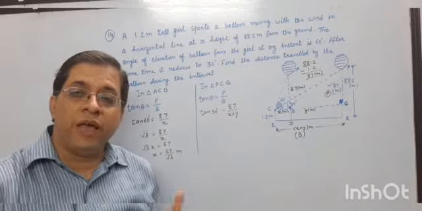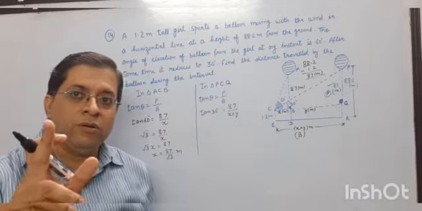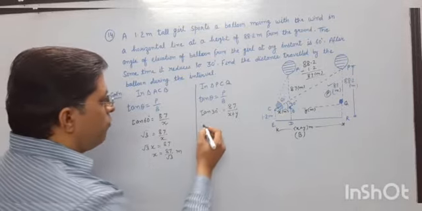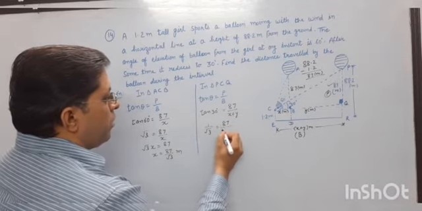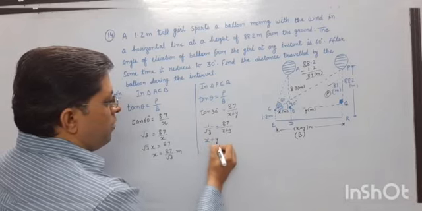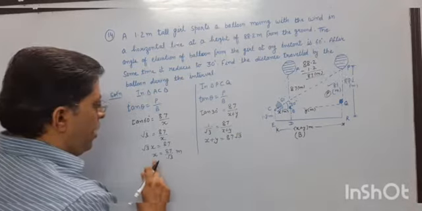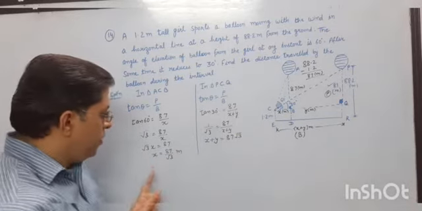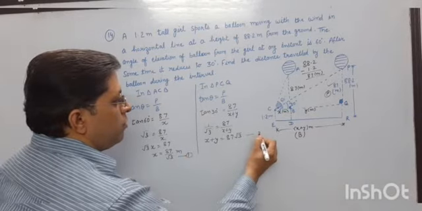And what is tan 30? Tan 30 is 1 upon root 3. Good, put 1 upon root 3 here. So x plus y will become 87 root 3, and x is 87 upon root 3. This is first and this is your second.